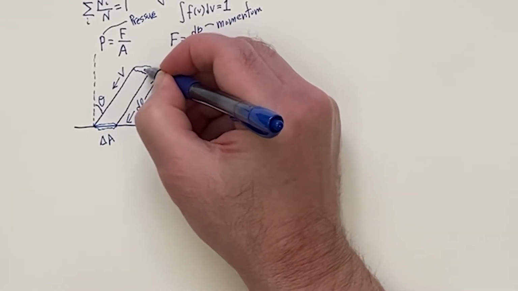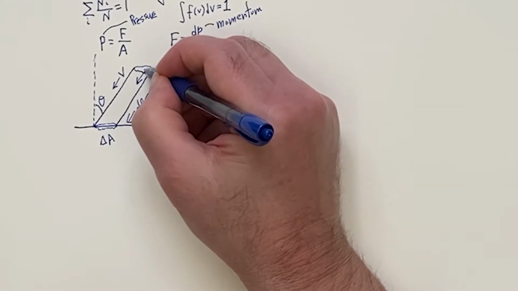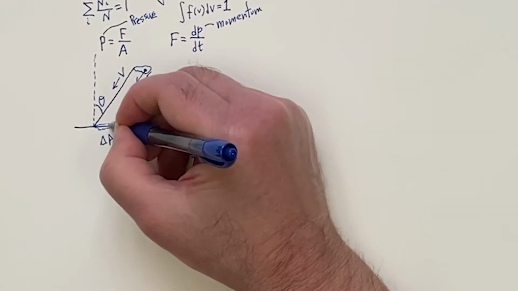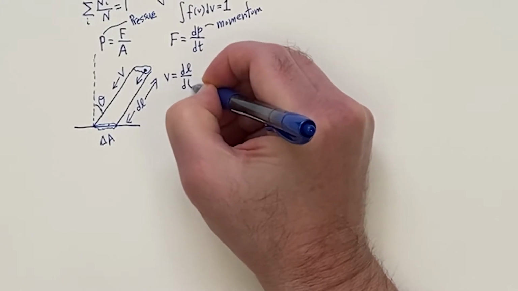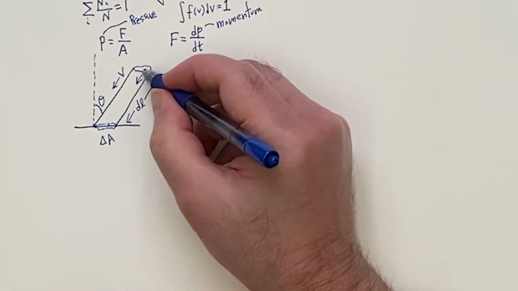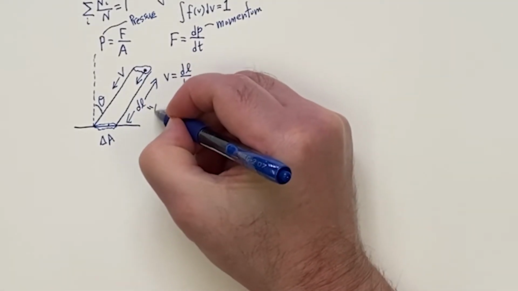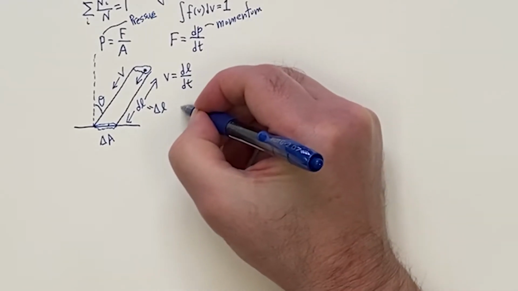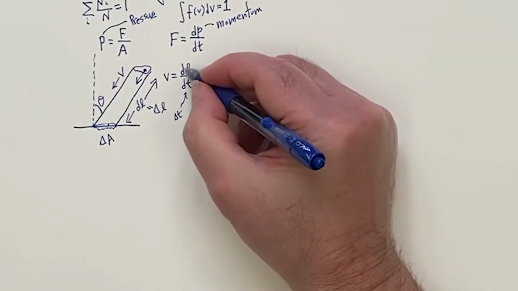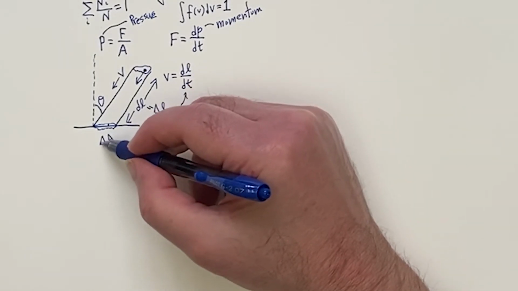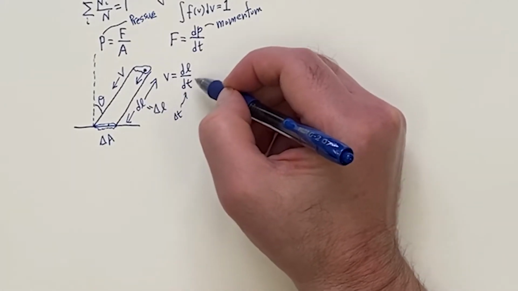The particle right there at the edge coming with velocity v, the time it takes that particle to get to the floor, that's going to be your dl dt, in a time delta t to go from there to there. Now, you could have written this as a delta L and this as a delta T, and then take limits. But we'll just leave this as a capital delta, and this as differentials, a dl and a dt.